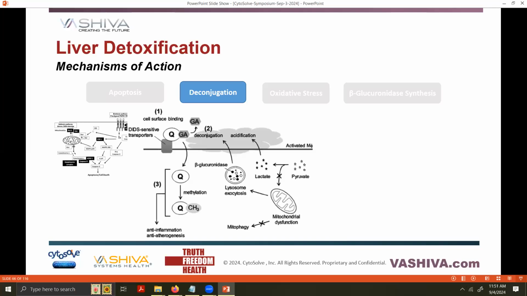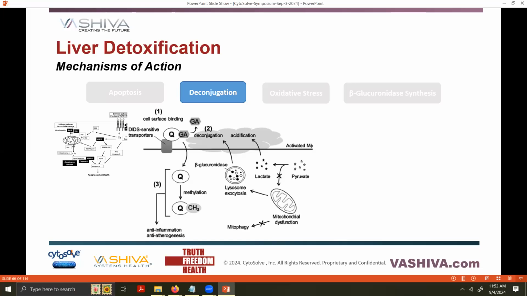But after the conjugation, at later stages, these toxins have to be deconjugated so that they can be released out of the body. In a detoxification case, if you don't have proper deconjugation, your liver will accumulate more toxins and it can cause further damage and eventual death.